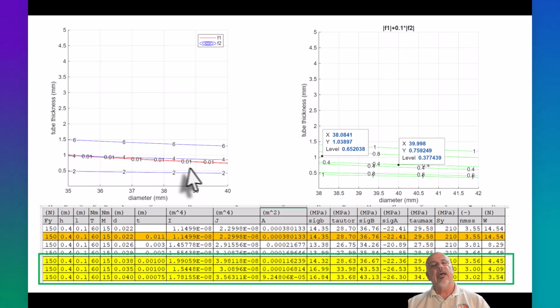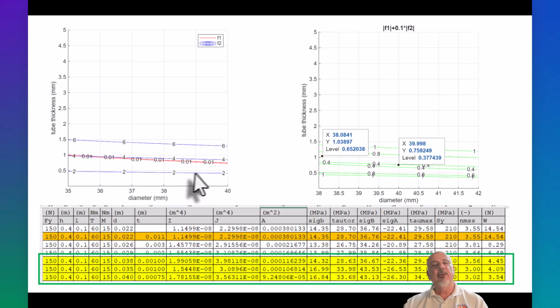So I think that these are very much parallel to the weight contours. So it's going to be kind of tricky to find a good value here. I think if you just keep going, bigger diameter, very thin wall, you're going to very quickly get down to maybe 2 newtons here.